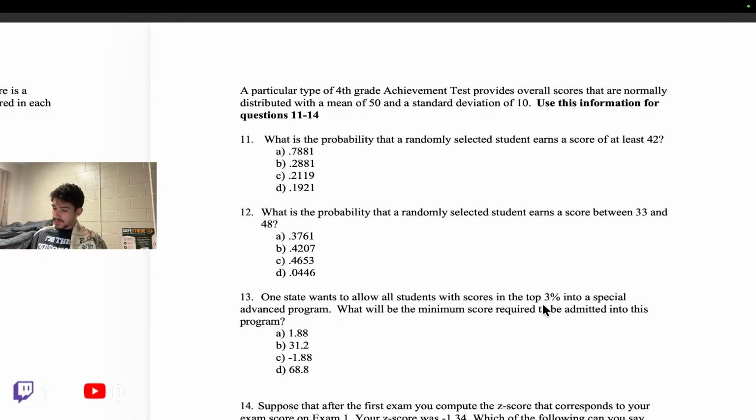So we have 42 minus 50 divided by 10, which is going to be negative 0.8.